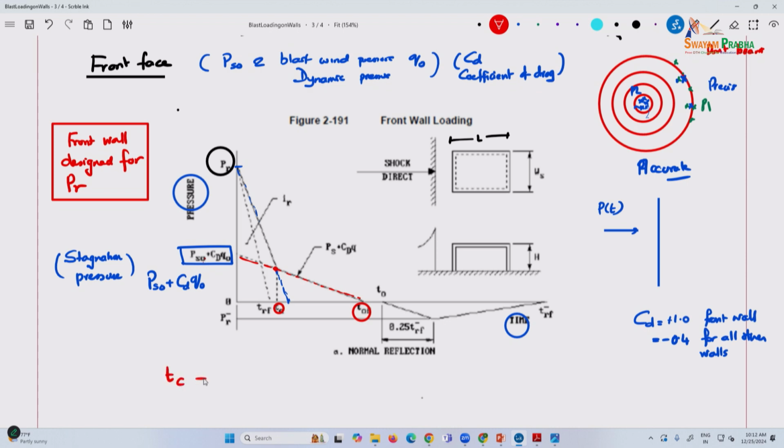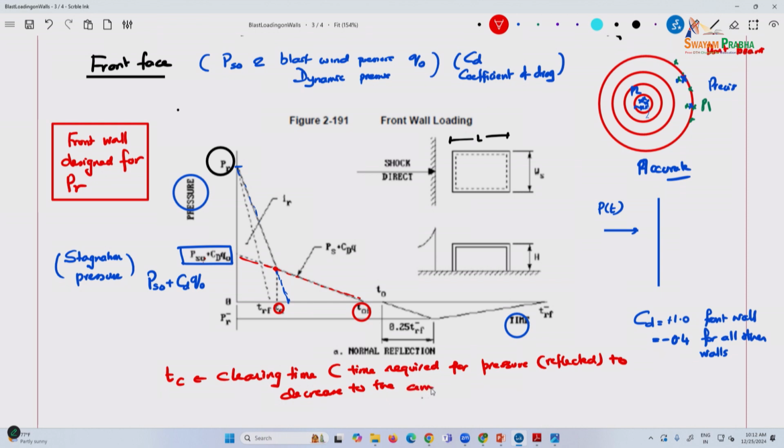So, TC is the clearing time, basically the time required for the reflected pressure to decrease to the ambient pressure, or the ambient air pressure at that time.